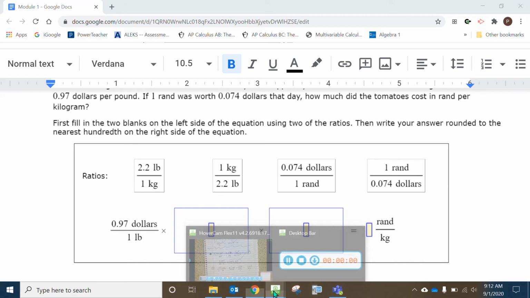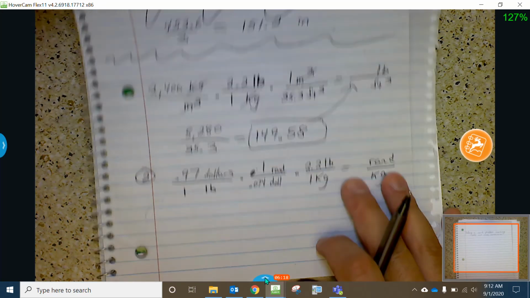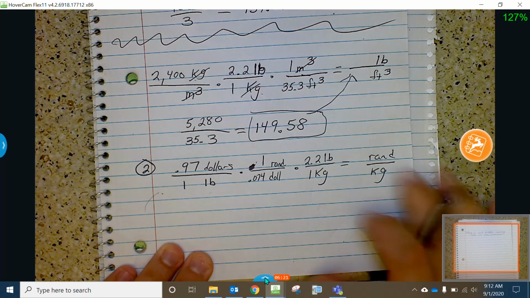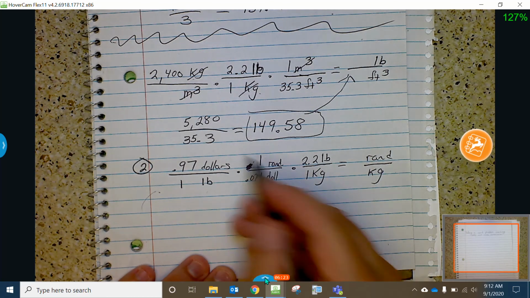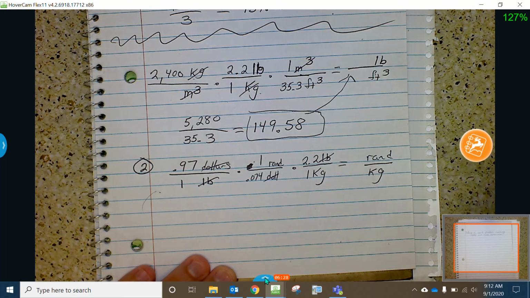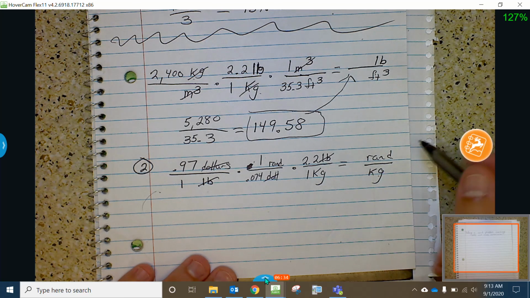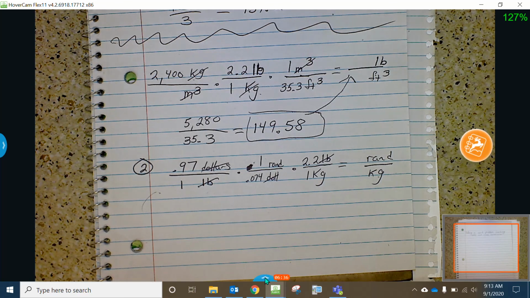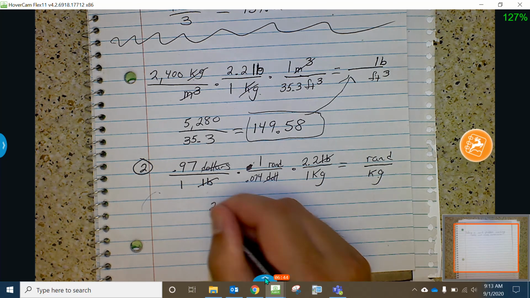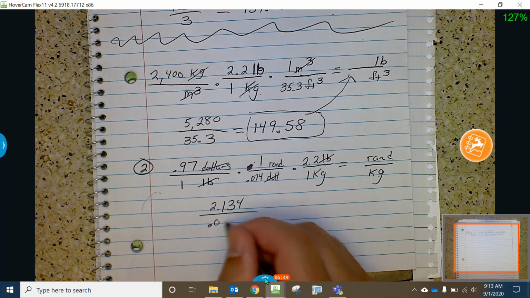And I wrote it out on my paper. So it looks something like this. All right, so the dollars and dollars cancel, the pounds and pounds cancel, so we're left with a rand and a kilogram. So that's perfect. So I'm going to multiply the 97.97 times the 2.2, and that's 215.134. And the bottom, 1 times 0.074 is 0.074.